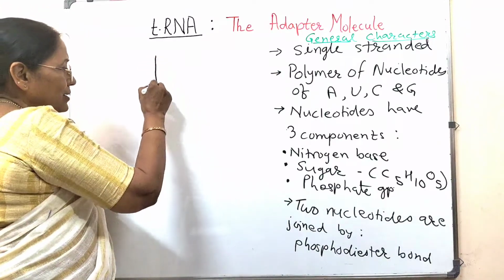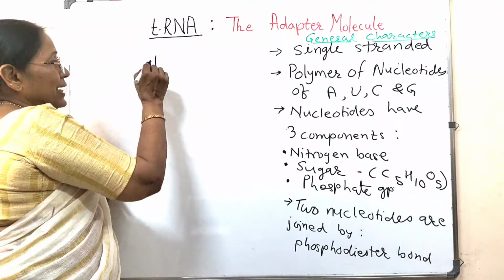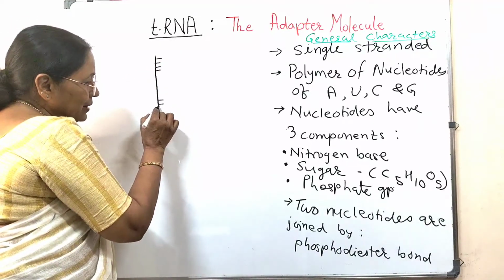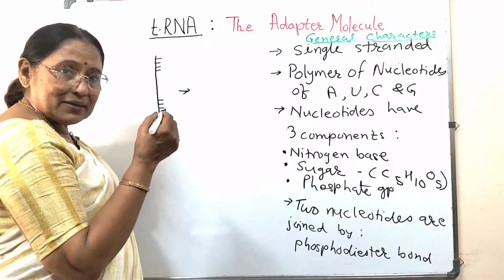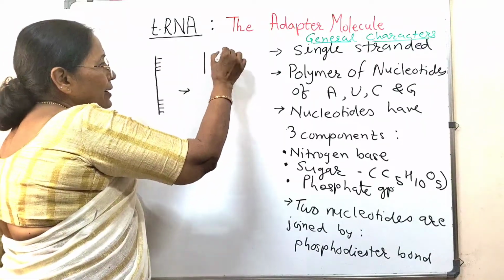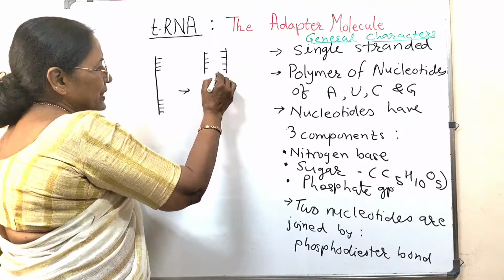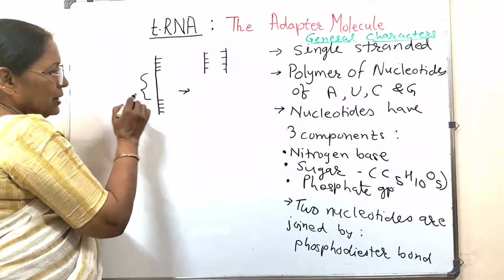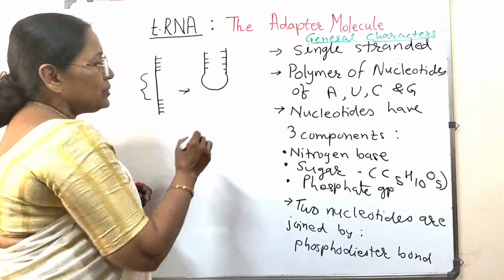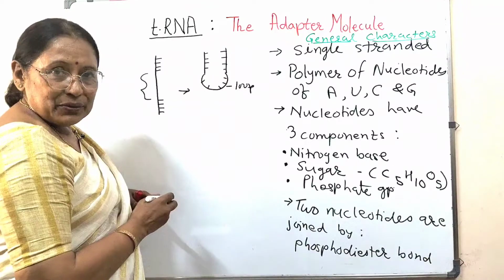The RNAs are single-stranded, but when you see it double-stranded, the reason is that suppose here there are some nitrogen bases and its complementary nitrogen bases are present at some distance, then this strand will fold upon itself and these two will come close to each other, and the part which is not complementary will form a loop in between.